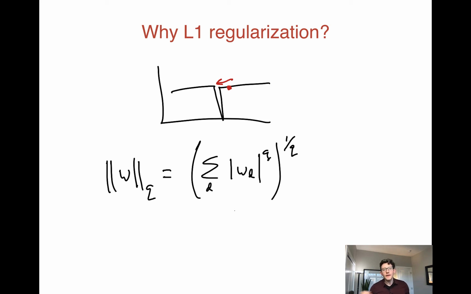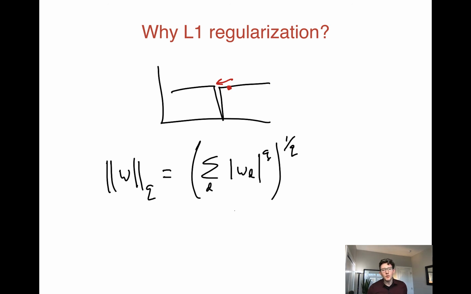One motivation for picking the L1 norm, if we want sparse solutions, that is, if we want to do feature selection, is that it's the closest to the 0 norm we can get while still maintaining a convex optimization problem that we can optimize efficiently.